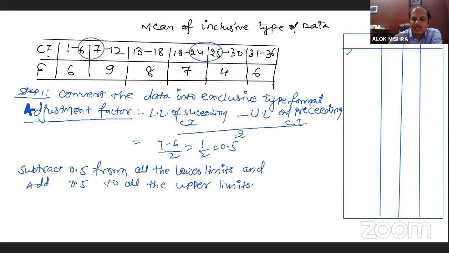The first class interval becomes 0.5 to 6.5. Similarly, next is 6.5 to 12.5, 12.5 to 18.5, 18.5 to 24.5. Next is 24.5 to 30.5. And finally, we have 30.5 to 36.5.